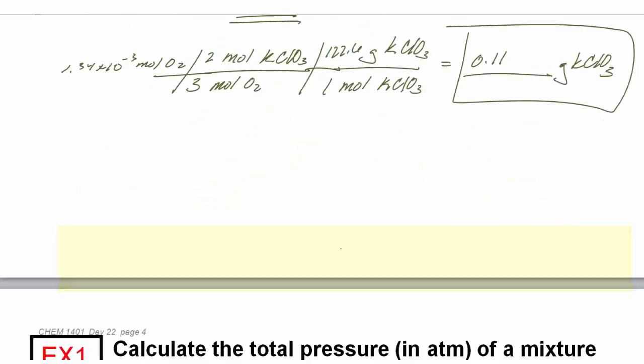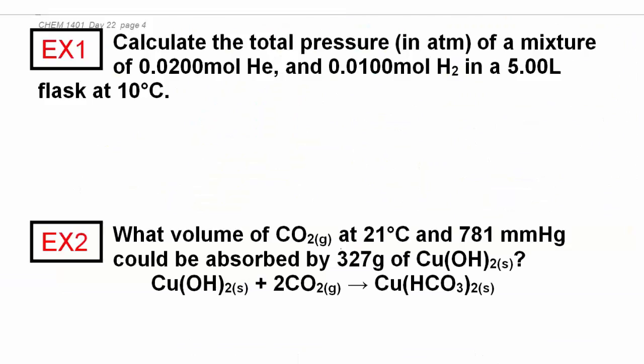Calculate the total pressure in atmospheres of a mixture of 0.02 moles of helium, 0.01 moles of hydrogen, in a 5-liter flask at 10 degrees Celsius. PV equals nRT.